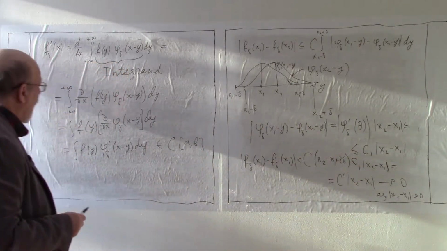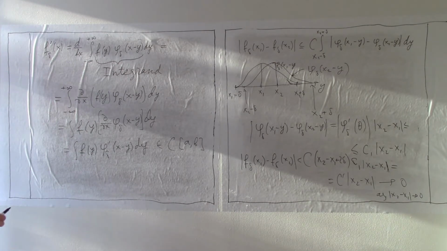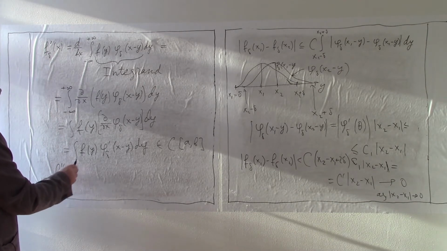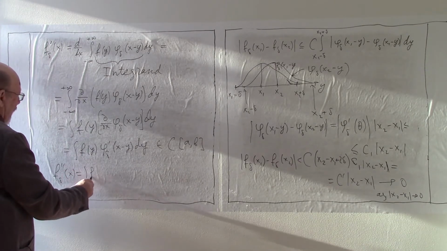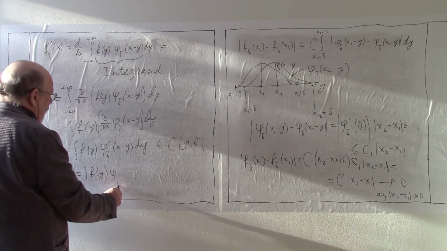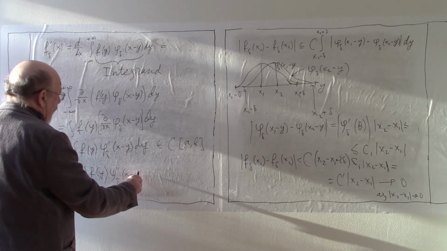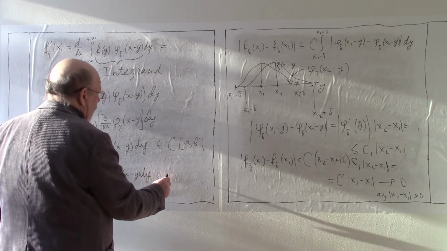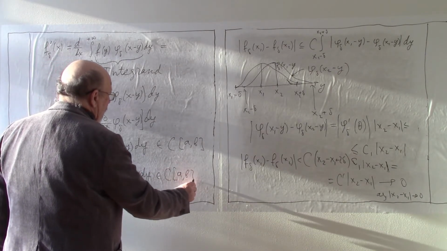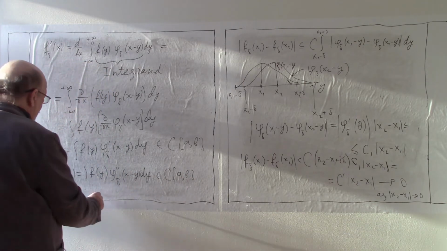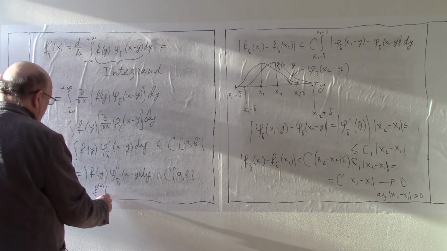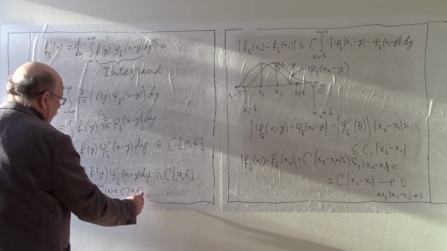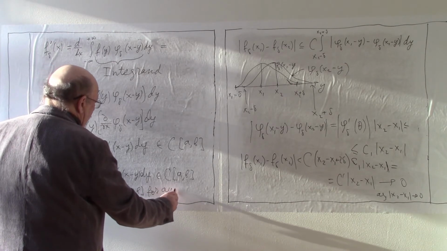So we prove, and similarly we prove, that f delta double prime of x equals the integral of f of y phi delta double prime of x minus y dy, and as a function of x, it is also continuous, and so on. f delta n of x is also in C for any n.